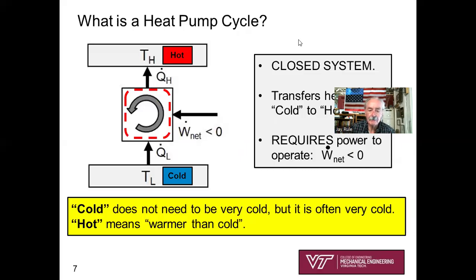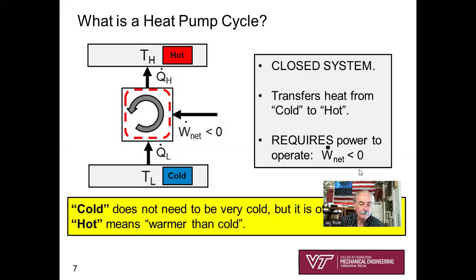Okay, some more fundamentals. What is a basic heat pump cycle in general? Here's my basic schematic. I've shown in red dashed lines what a heat pump is, to get you more comfortable with it. Mechanically, the stuff inside this red dashed line is the mechanical pieces of what we call a heat pump.